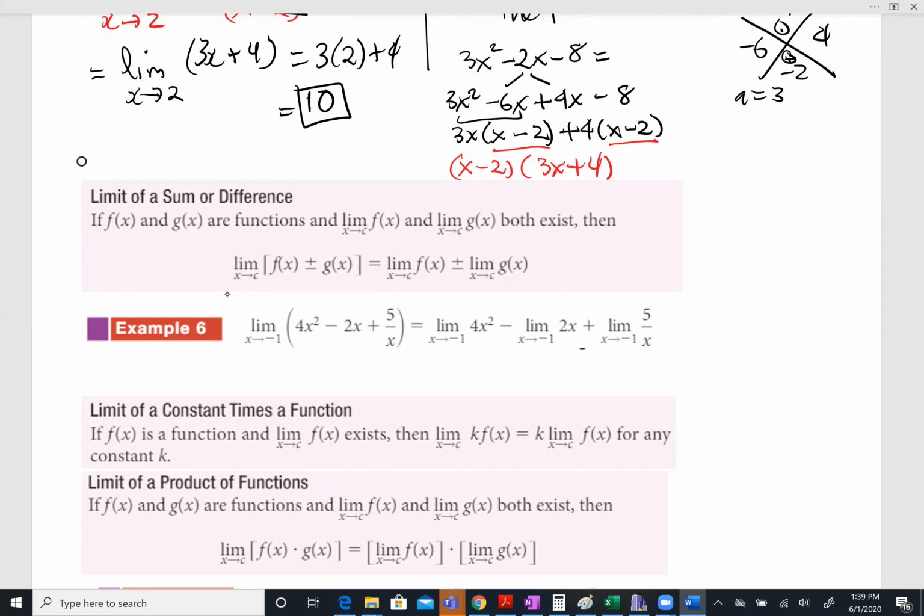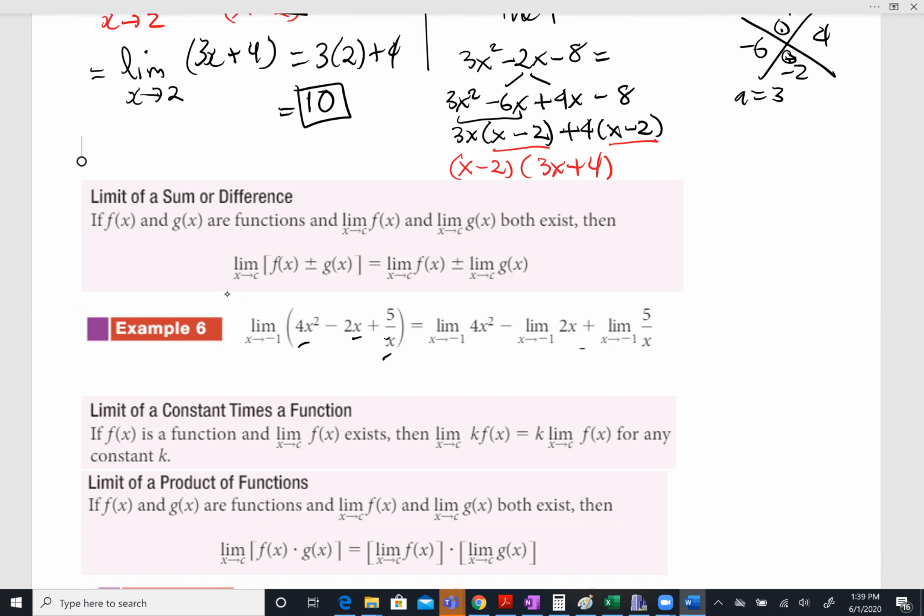now number 6 here, if I have the limit of 4x squared minus 2x plus 5 over x. All right, then when x goes to -1, I can split it, instead of only one limit, I can split it into three limits by splitting each term here, right?